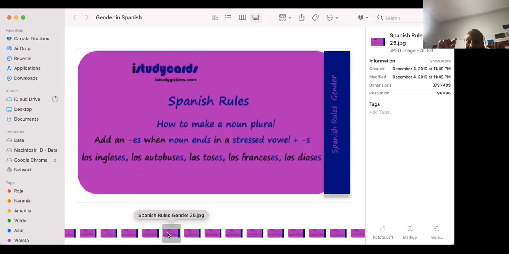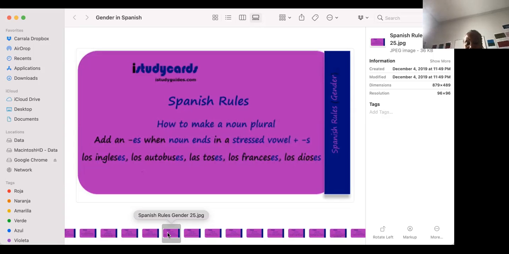In the word inglés, if this was singular, that E would have an accent on it, because according to the rule, if a word ends in a vowel or in an N or an S, it's the next to the last vowel that's accented, not the last vowel. Here, because you add an ES, you're adding another syllable. So now it is the next to the last syllable, ingleses, and the E is no longer at the end of the word.